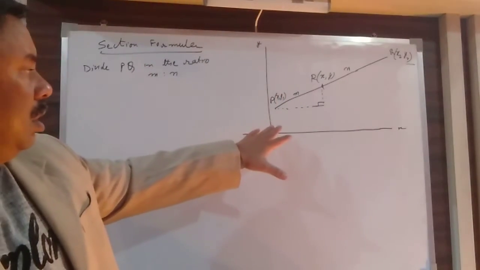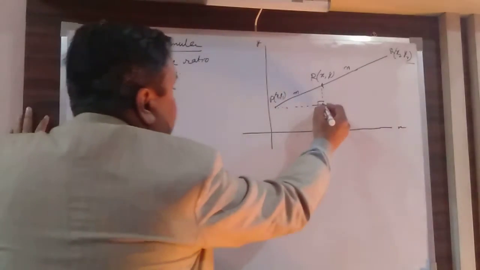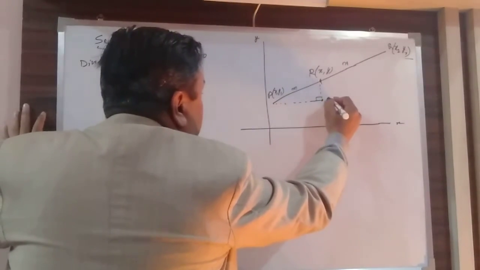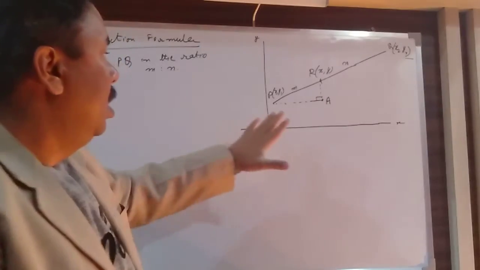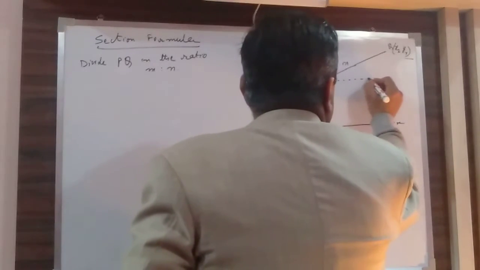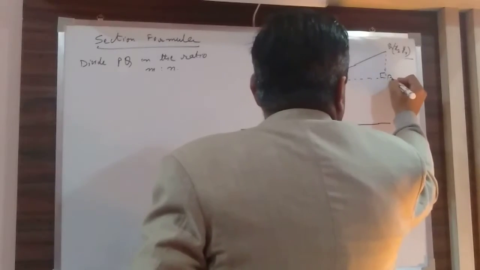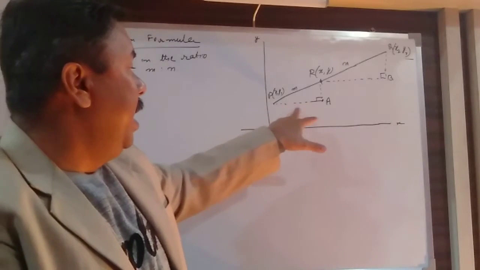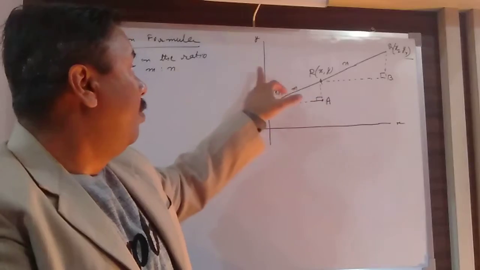Complete the right triangle, and take this point as A. Similarly, I will extend this and make a perpendicular, make a right triangle there also, and take that point as B. PA is parallel to the x-axis and RA is parallel to the y-axis.